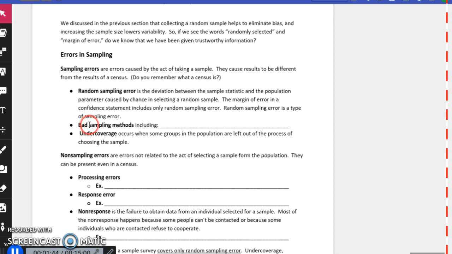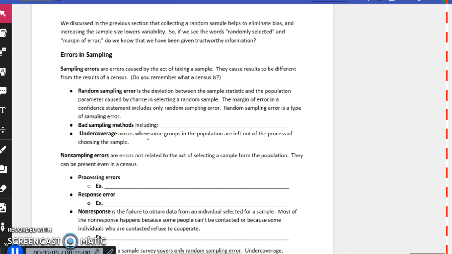Another sampling error is bad sampling methods. And these include convenience samples and voluntary response samples. And the third sampling error is undercoverage, when some groups of the population are left out.